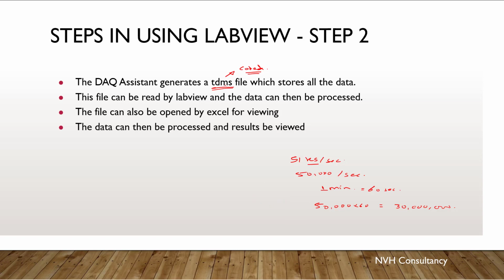Remember, you are doing all this in real time, so all the information that you get needs to be channelized accordingly within a very short duration of time and in a very concise manner. That's why this TDMS file format is available.